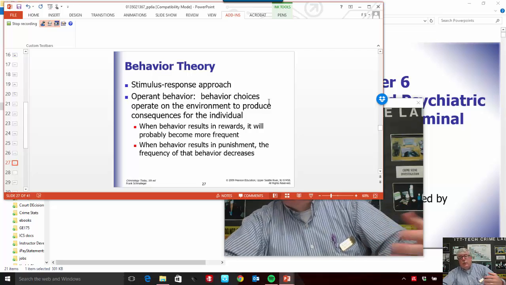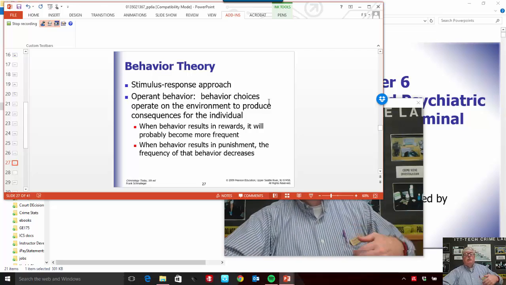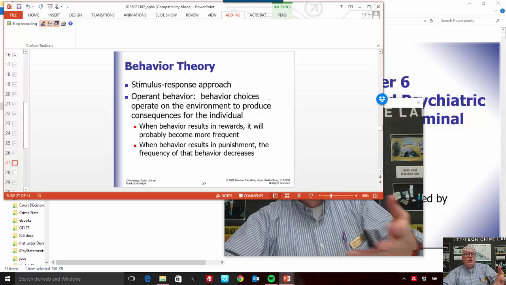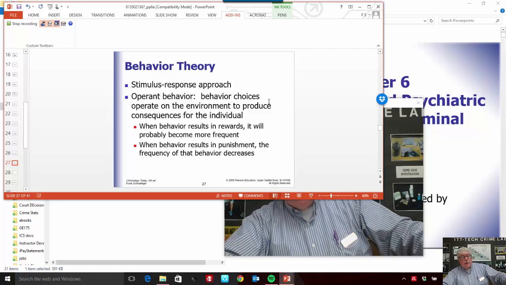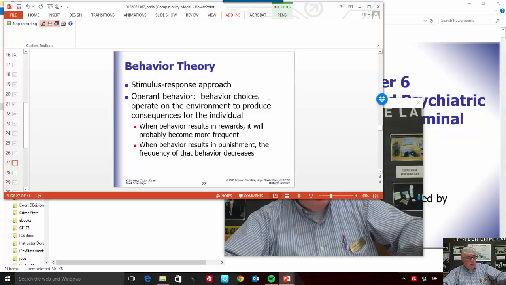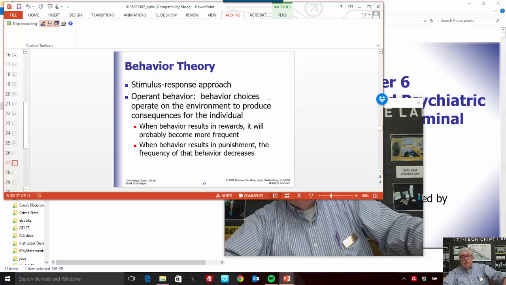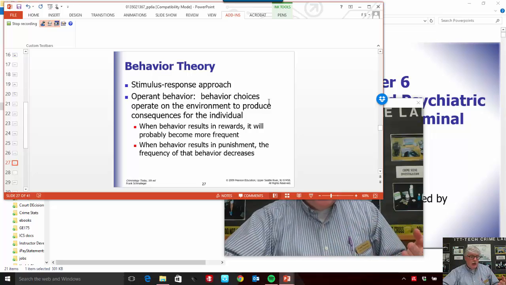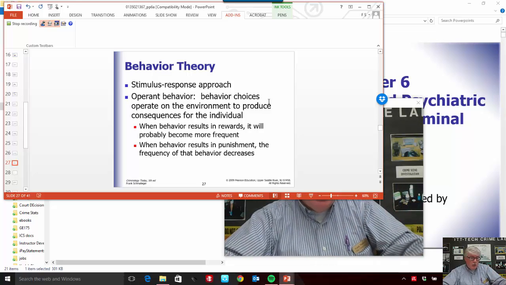So the basic concept: when behavior results in reward, it's likely that it'll become more frequent. If you're going to get a candy bar every time you do your student survey, maybe you're more likely to do it. With regard to students, if you're going to get an A every time you do your homework and do it well, then you're more likely to do it well.